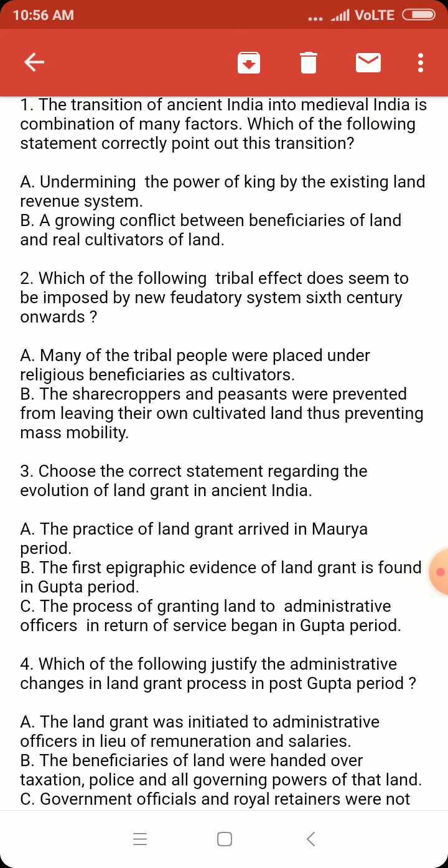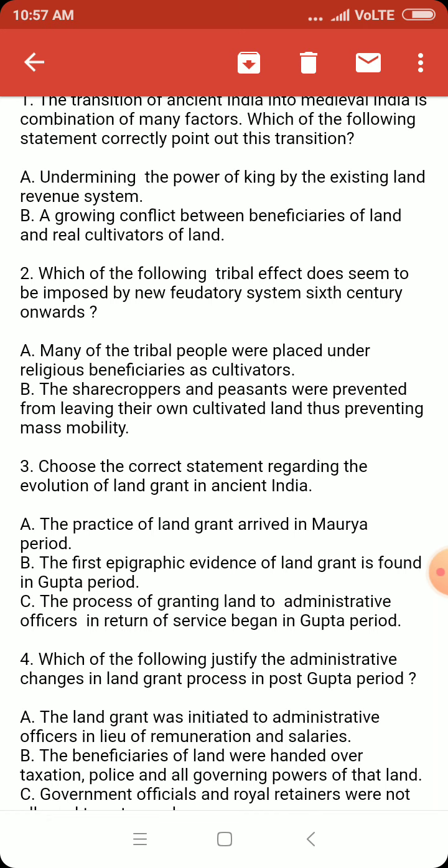Option A, undermining the power of the king by the existing land revenue system. Well, before the land grant became prevalent in society, the king was the ultimate power, right? But when the king began to grant land to the beneficiaries, he also granted some other related benefits, right?